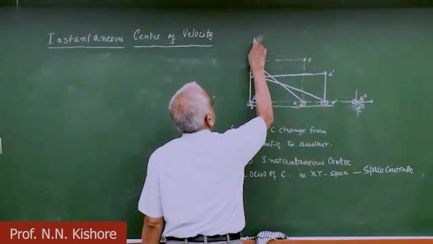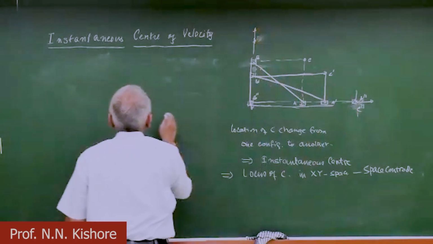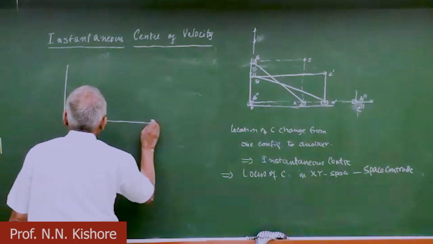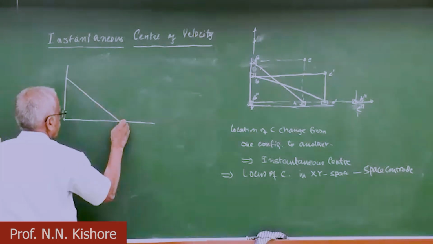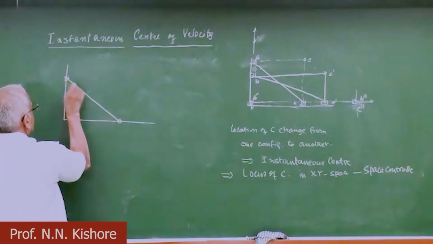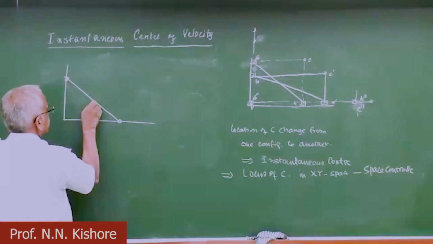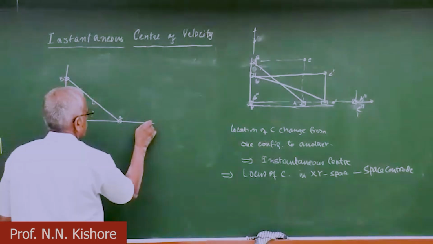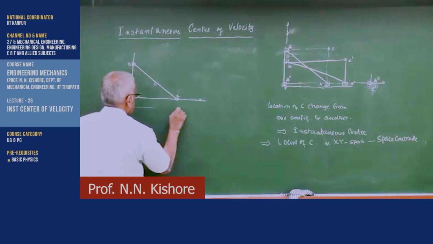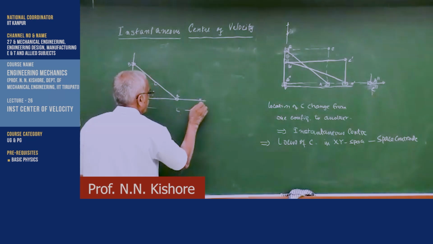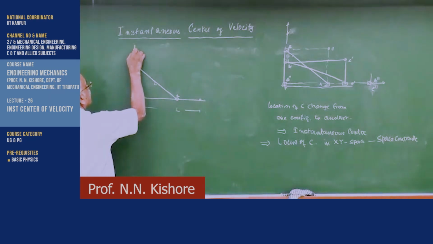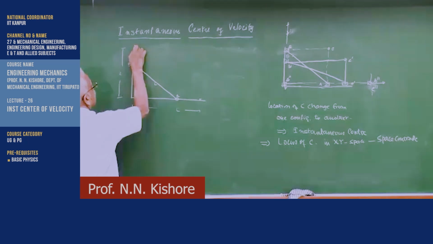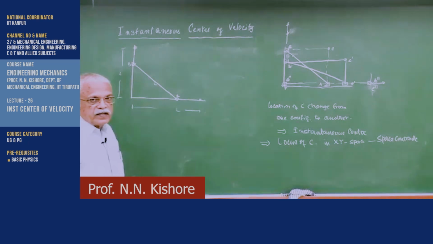Similarly here, maybe I'll draw here. So this is a distance of L, and similarly at a distance of L, this is the limitation. So where is it located?